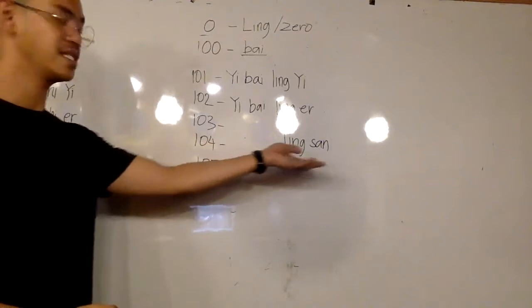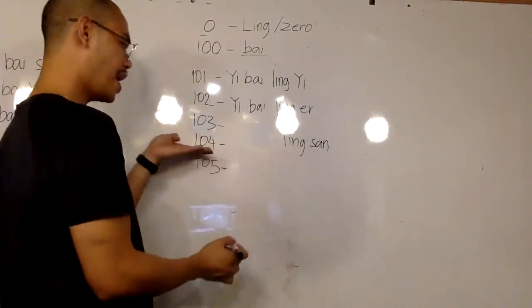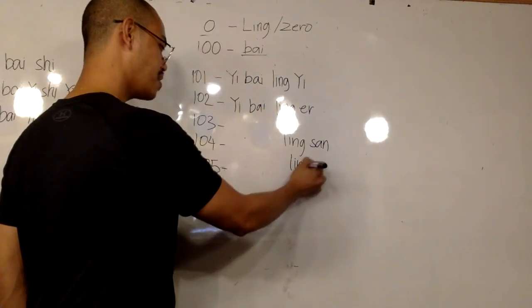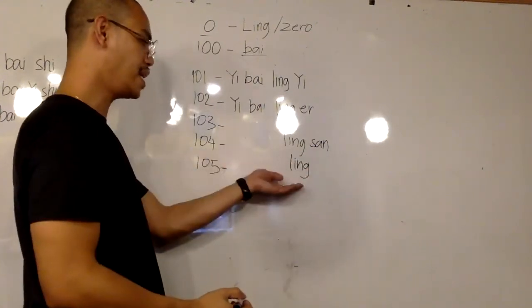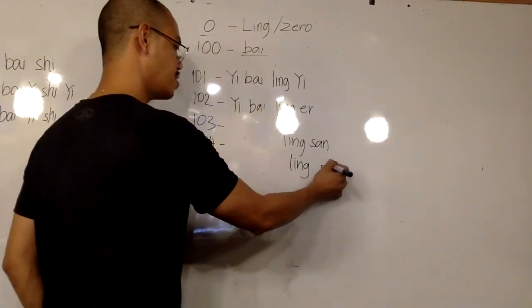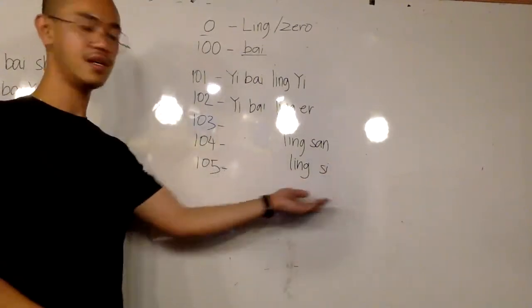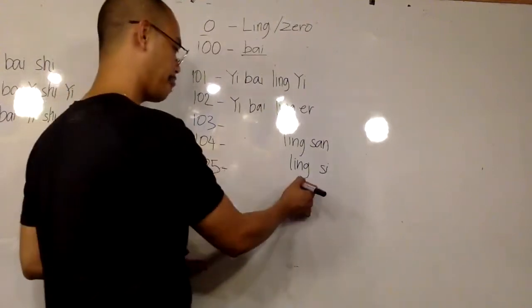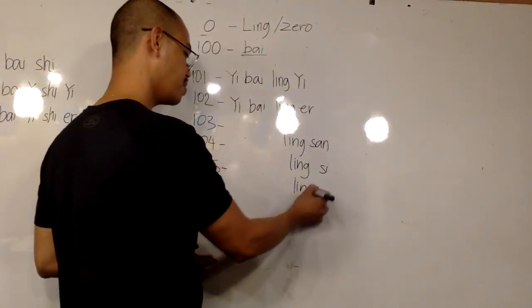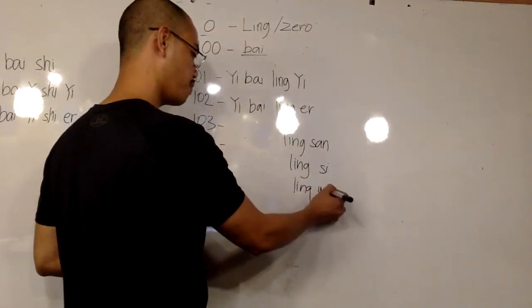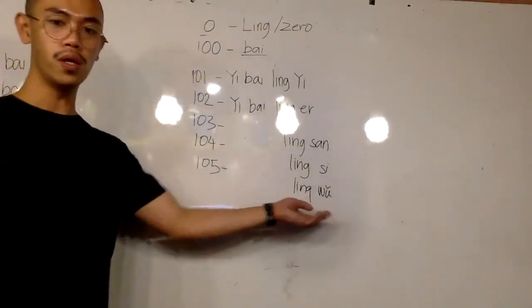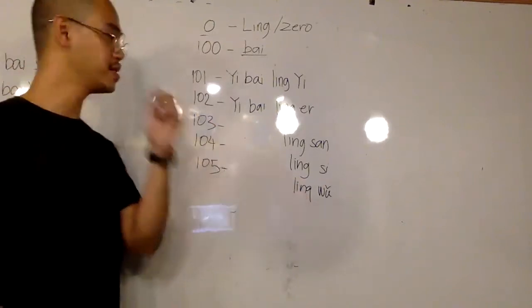Yi bai ling san. How about 104? Yi bai ling si. How about 105? Yi bai ling wu.